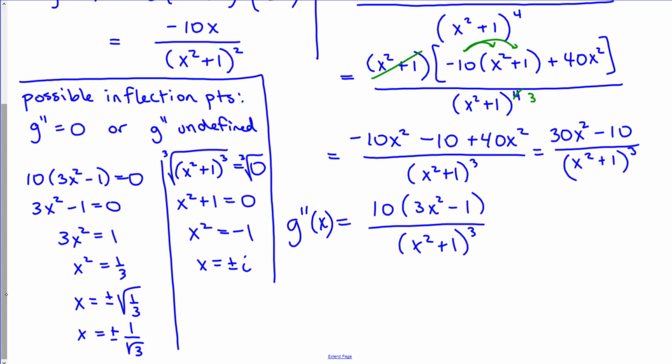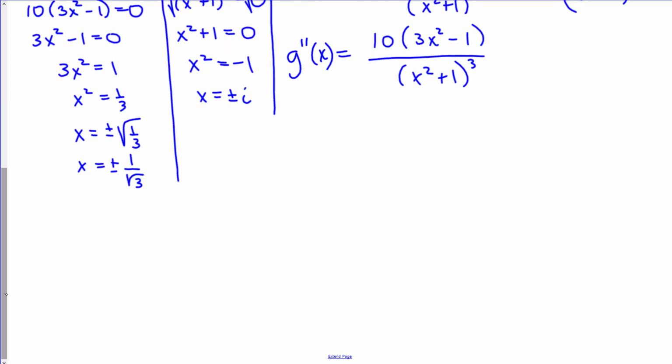What that means is this doesn't have any zeros in the real number realm. We can ignore this. So that's not anything we have to worry about. So the potential places for inflection points occur at positive, negative, 1 over square root of 3.